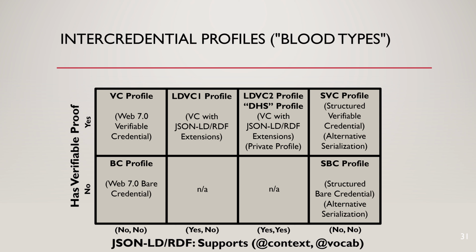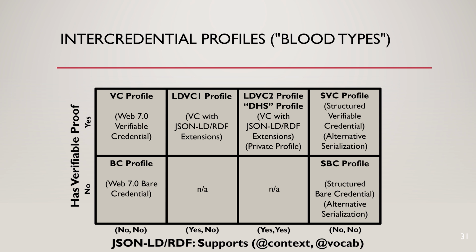Going from the VC profile one step to the right, we have the LDVC1 profile, and that's a verifiable credential with only the @context JSON-LD RDF extension. To the right of that is the LDVC2 profile, which I call the DHS profile. It's the verifiable credential profile with both JSON-LD RDF extensions. That is, it has both @context and @vocab.